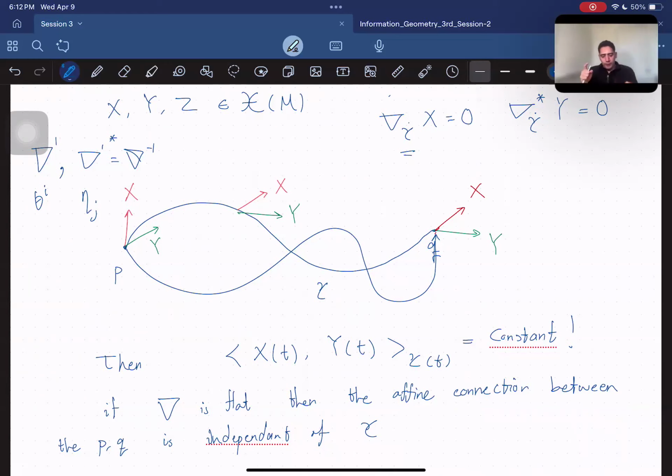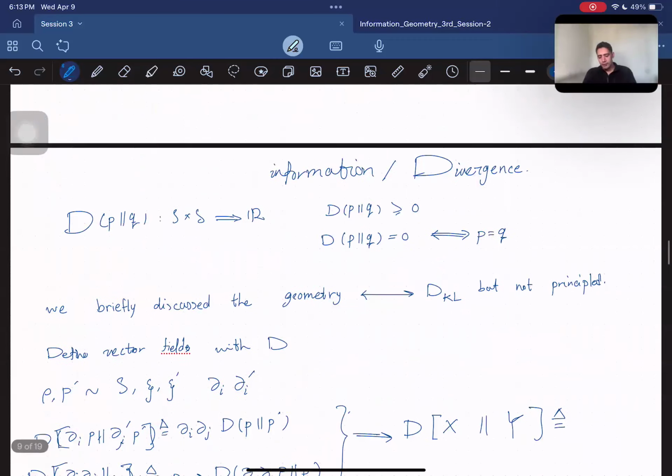Before I continue, I need to talk about another duality we have, which is in convex optimization, the Legendre transform. And I want to talk to you about why we call this dual and that thing duality as well. So there should be a connection between the two. Also, if you remember from the first session, we talked a lot about chaos divergence, but we didn't talk about it in a principled way.